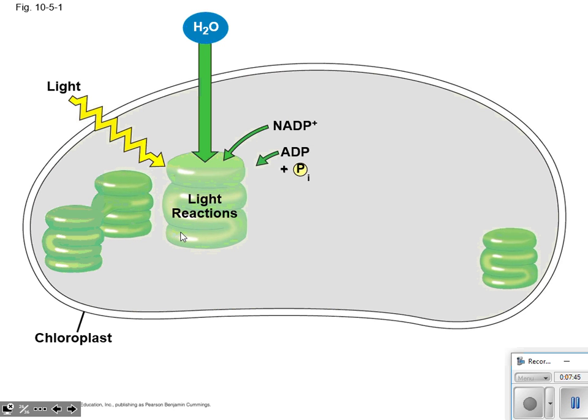The T word? I don't think you're going to get it right if you say the T word. G? I don't think you're going to get it right if you say the G word. These are thylakoids right here. A stack of thylakoids, which are grana. So this is the grana. The bunch of these are plural, the grana.